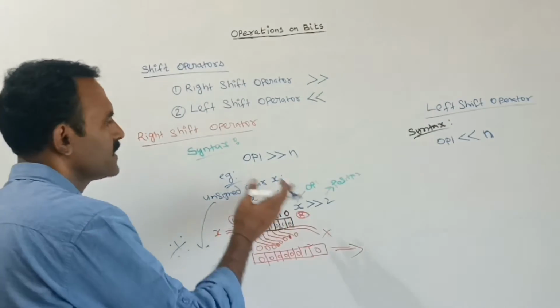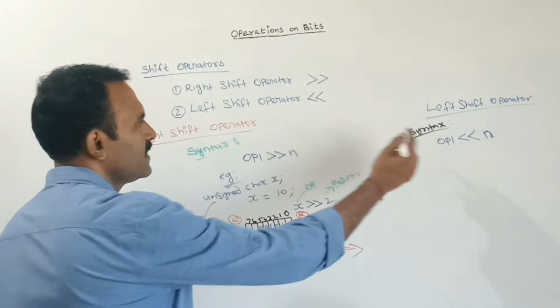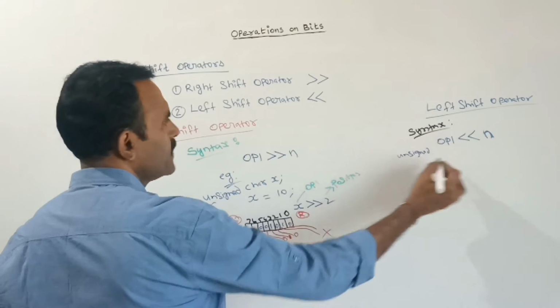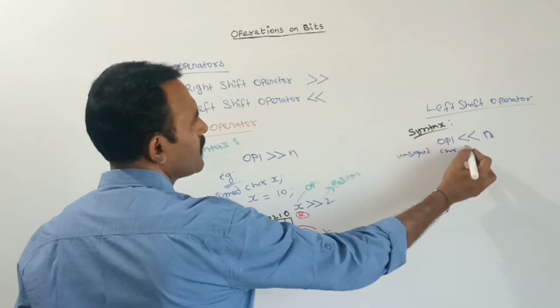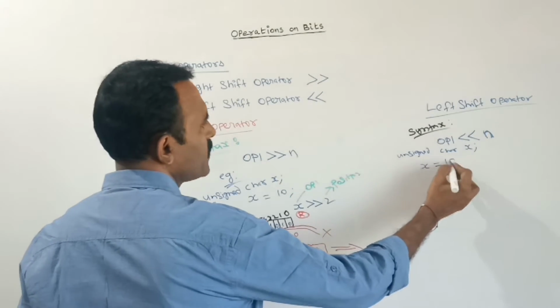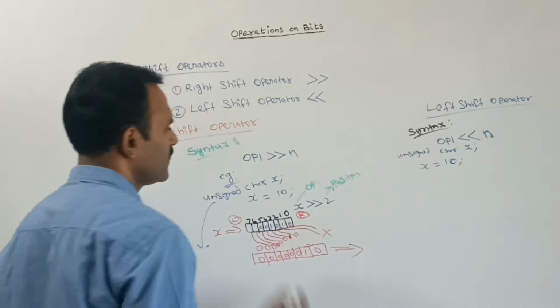Now let us take the same example. Suppose you declare the variable unsigned character x, and store the value 10 in x.